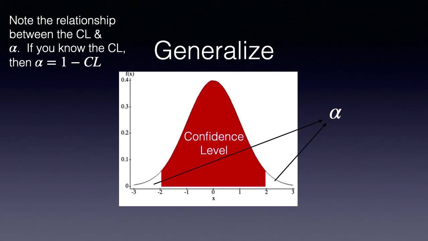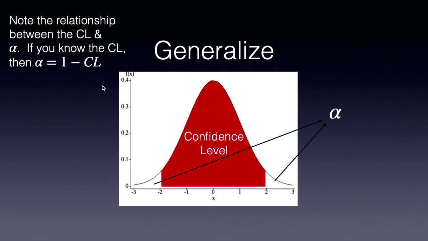In this case, since we're working with a middle confidence level, the alpha area is going to be this left-tailed white area and this right-tailed white area. And by symmetry properties of the normal distribution, the amount of area here is going to be equal to the amount of area over here.